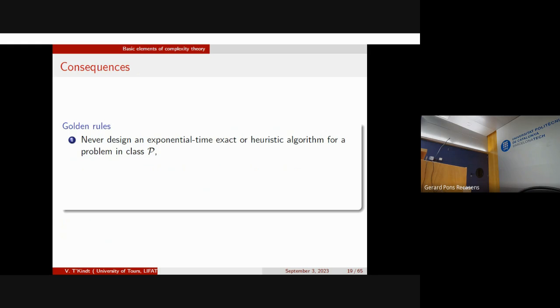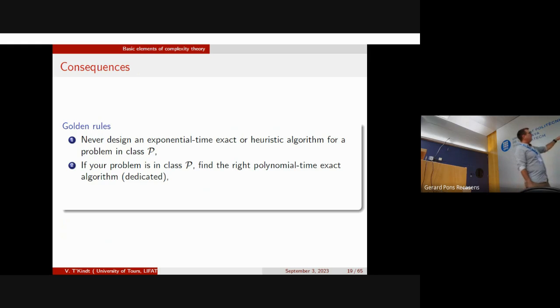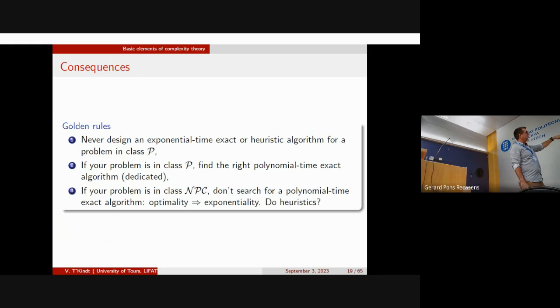So some golden rules. If your problem is shown to be in class P, then you're lucky, and you really have to find the optimal algorithm that works in polynomial time of n. You really have to find that, and that's the only option that you have. If your problem is in class NPC, don't search for a polynomial time exact algorithm.